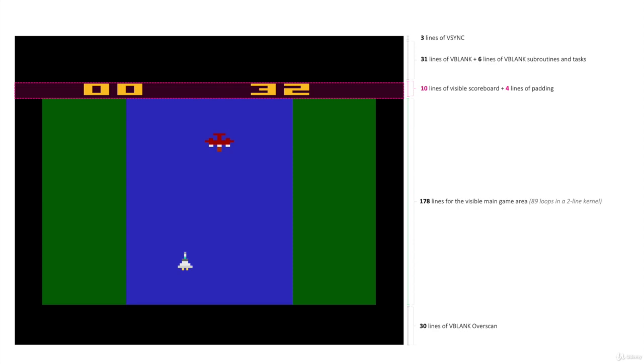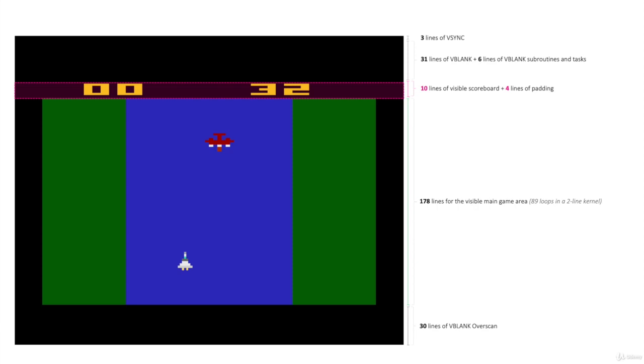Remember, each digit has 5 rows of graphics, but each one of those lines is actually taking 2 scan lines to render. So we have 10 lines of visible scoreboard, the digit, plus 4 lines of padding that I just added for the sake of aesthetics. Correct? So the total lines of the scoreboard are actually 10 plus 4. So we have 14 lines just for the scoreboard, the digit and the padding on the bottom. So we already used 14 lines of our visible scan lines.